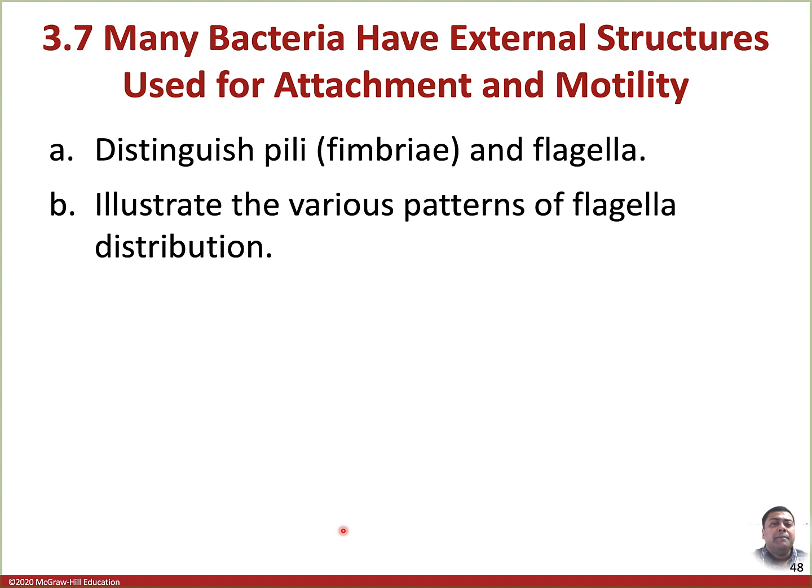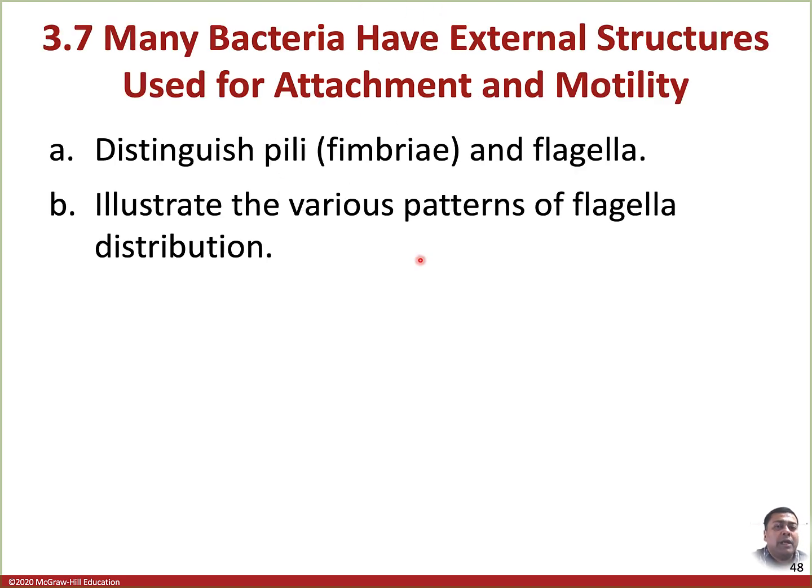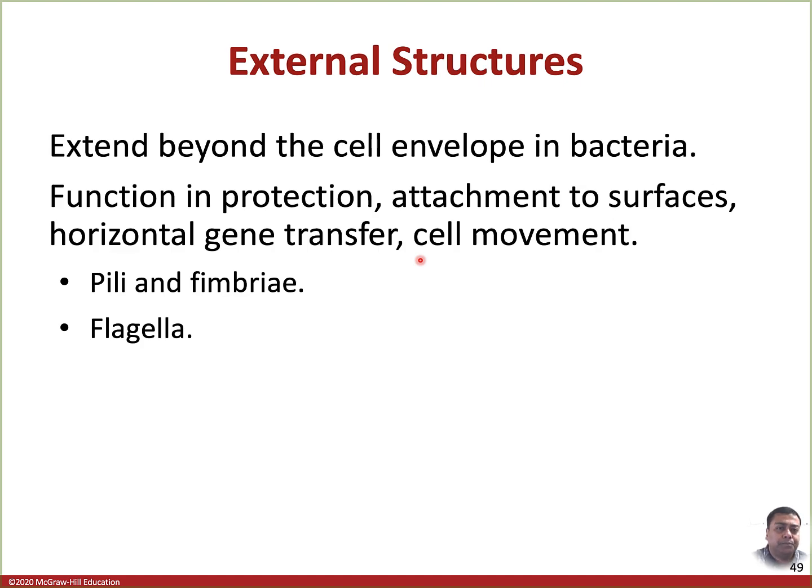On the other hand, many bacteria have external structures for attachment and motility. We were constantly talking about pili in the previous section, and we're going to see what they are. These pili are hollow tubes which can form between the cells or bacteria, which can transfer these plasmids. Along with that, they have some locomotory and anchoring functions as well.